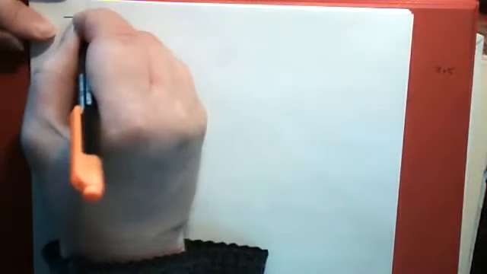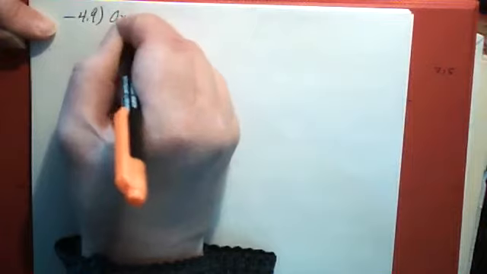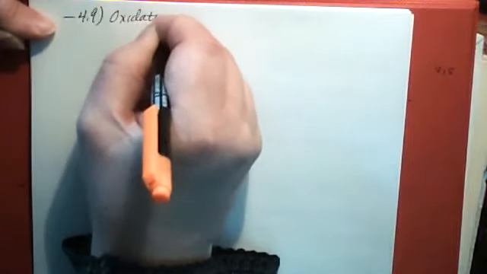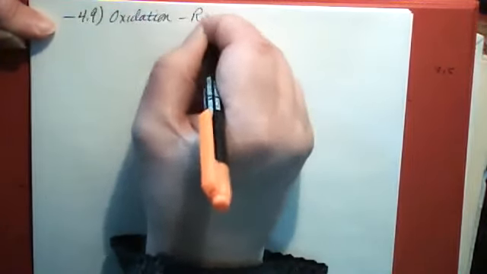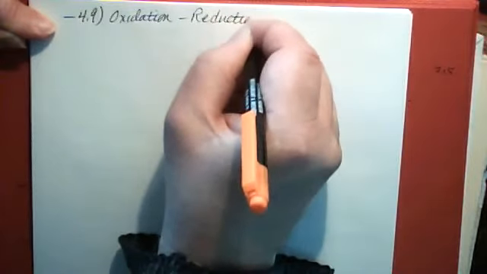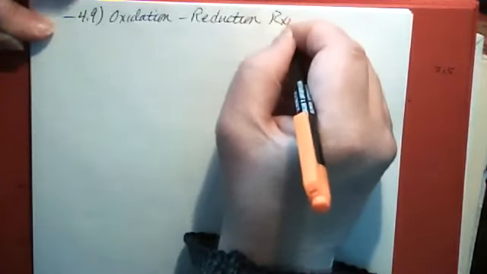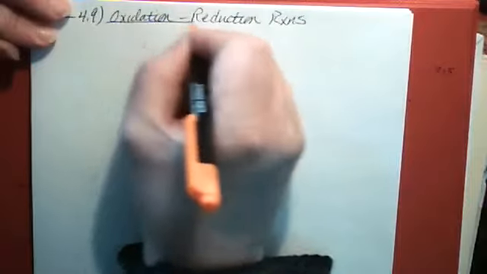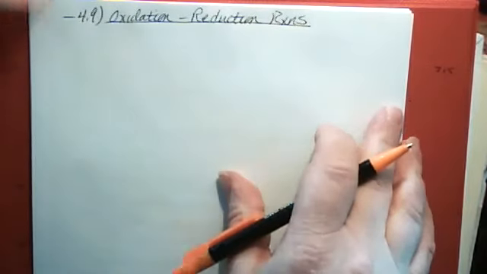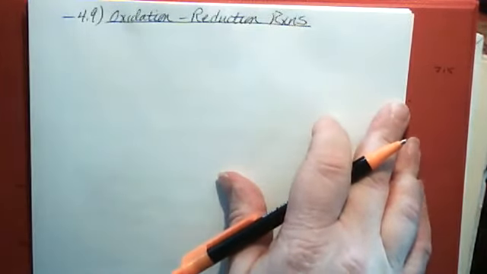4.9 is oxidation reduction reactions. Oxidation reduction reactions are a very important part of chemistry.